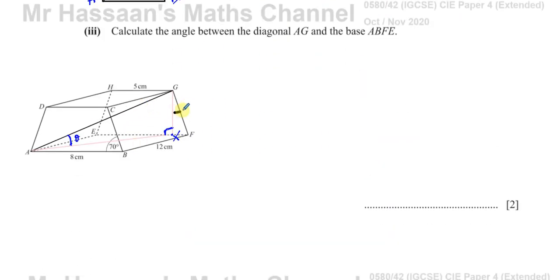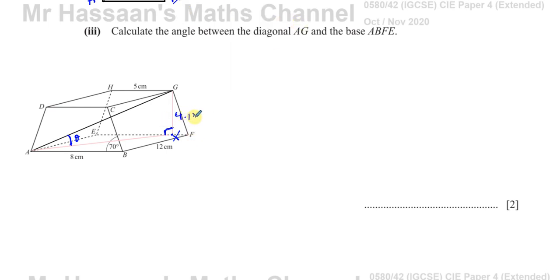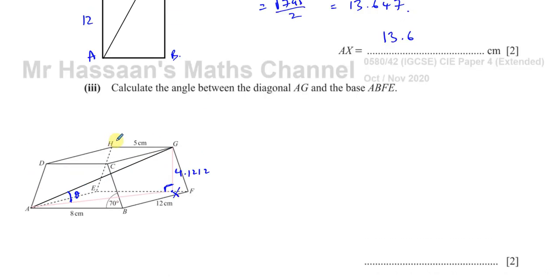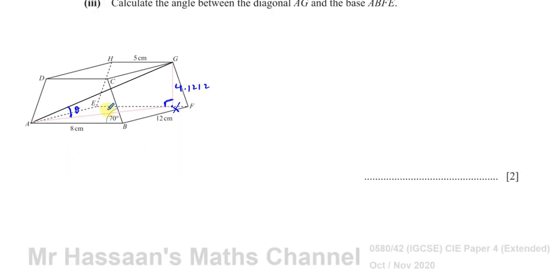So this height is 4.1212. That's the height. And we can work out what this base is from A to X, which we already actually did. We found A to X is root 745 over 2, in exact form.